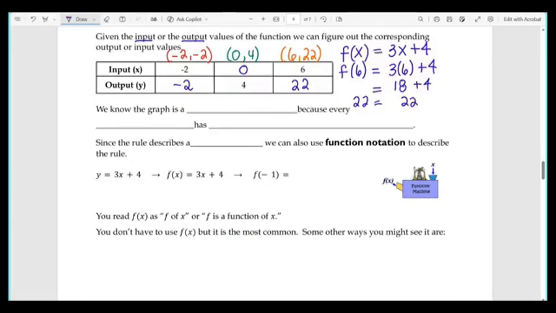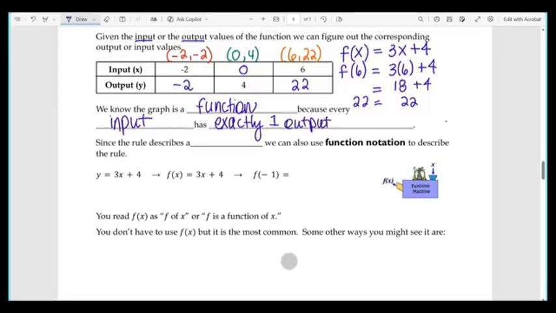We know the graph is a function because every input has exactly one output.